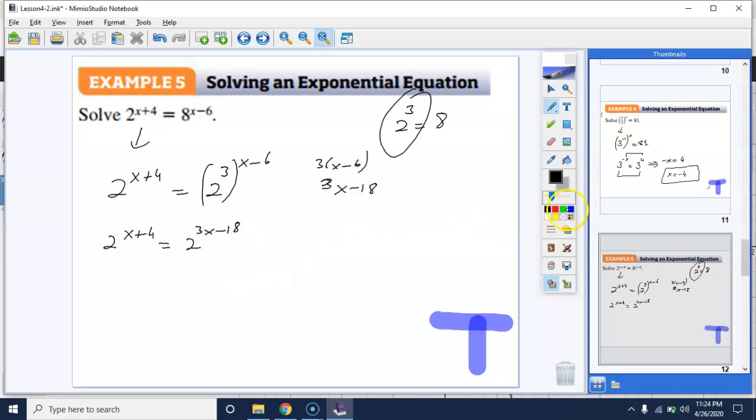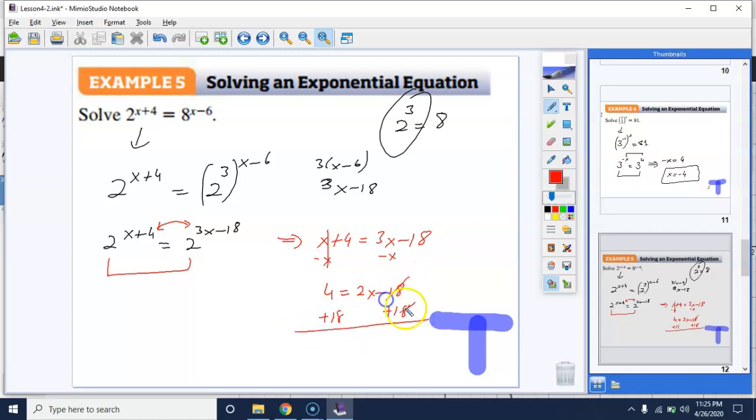I'm super glad to see that we got the same bases, which means the top part should be the same now. x plus 4 equals 3x minus 18. We solve for x. Basic algebra: minus x, 4 equals 2x minus 18, plus 18 on both sides, 2x equals 22.